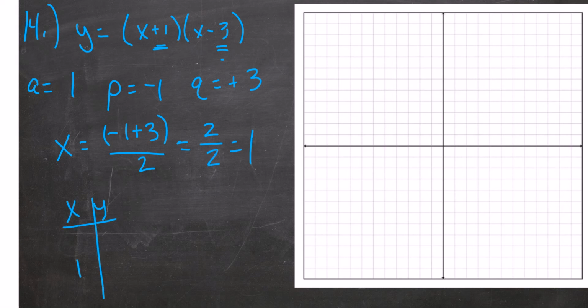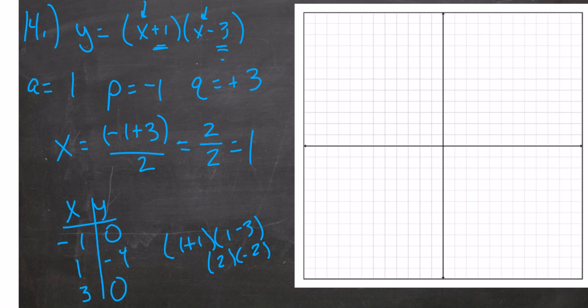So I make an XY chart. 1 goes in the middle. I put negative 1 in the first spot, 3 in the last spot. I don't have to do any work for negative 1 and 3, but I can if I want to. I can plug them back in. It should work. And it does. So I'm going to check 1 plus 1, which is 2. 1 minus 3, which is negative 2. So I get 2 times negative 2, which is negative 4.